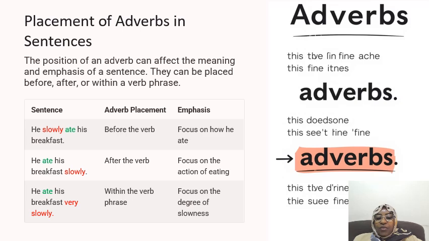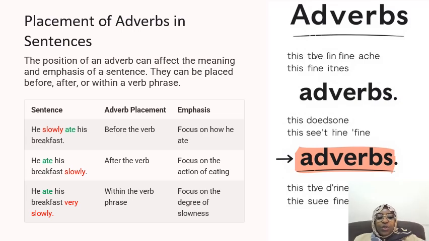Now look at the adverb, slowly. It comes before the verb ate. So it focuses on what? On how he ate. He slowly ate his breakfast.